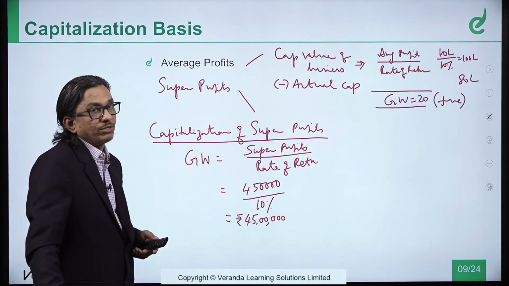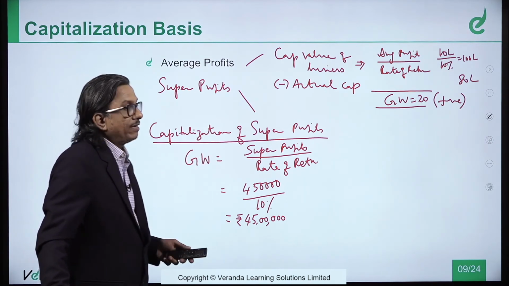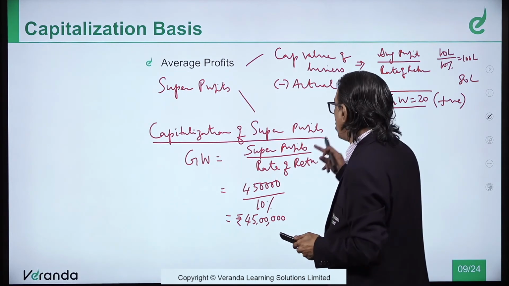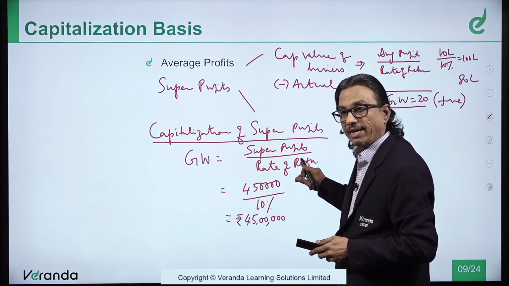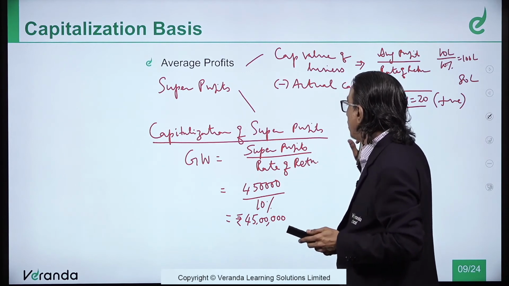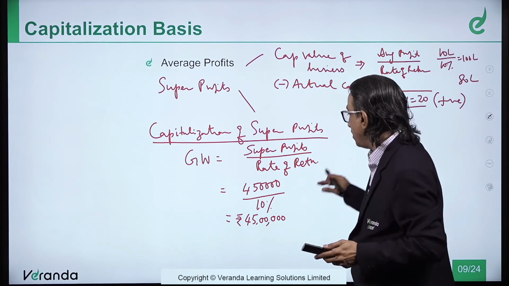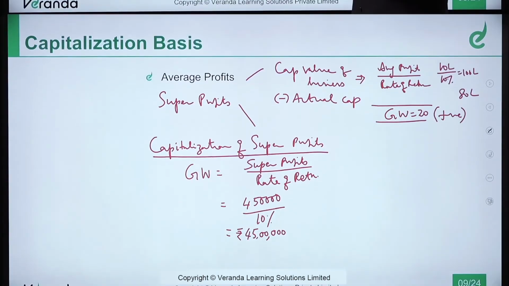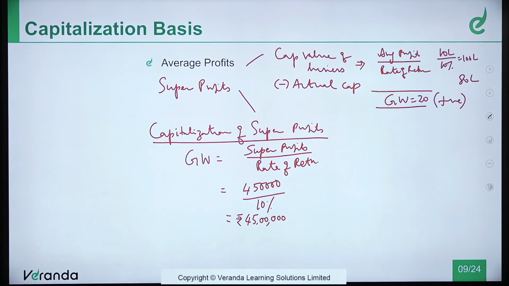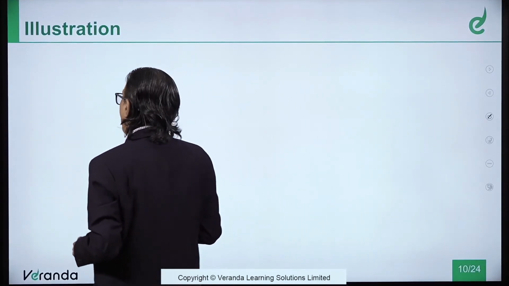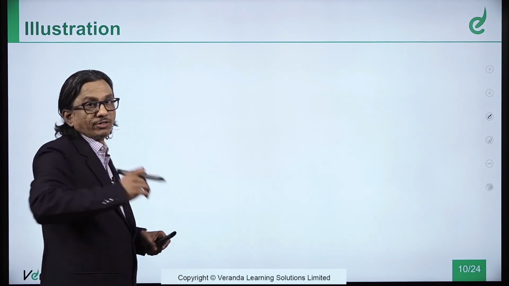If it is positive, that is goodwill, whereas capitalization of super profit will be first to find super profit, divide by rate, you will get the value of goodwill. I am assuming super profit is 4,50,000, rate is 10%, therefore the goodwill is 45 lakhs. We will now see an example how to value the goodwill by various methods.